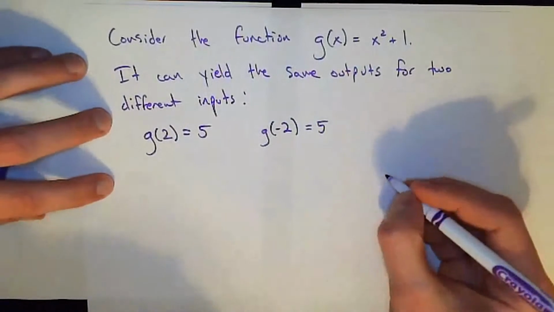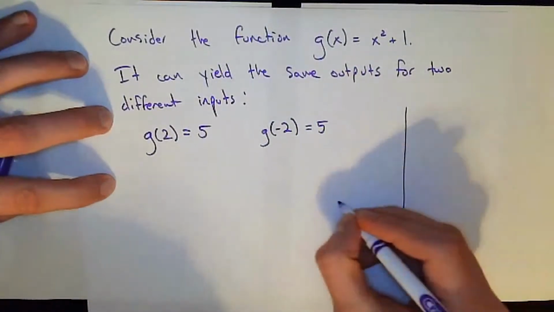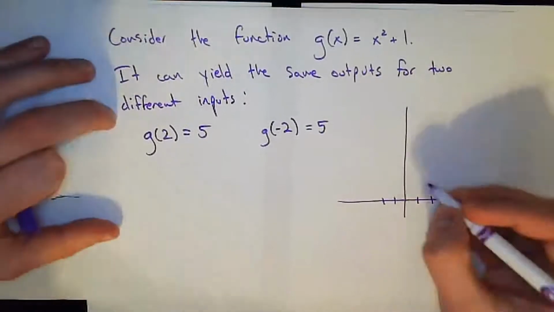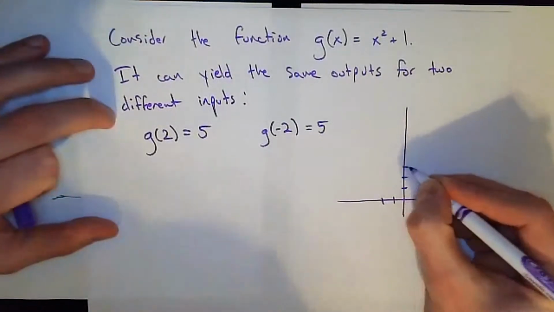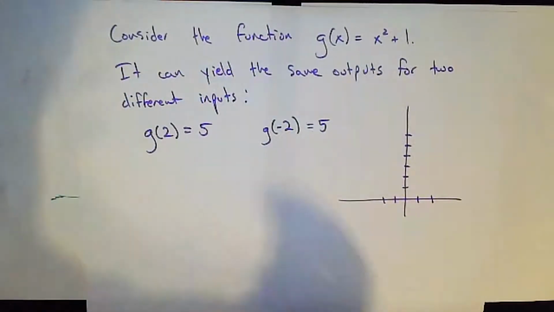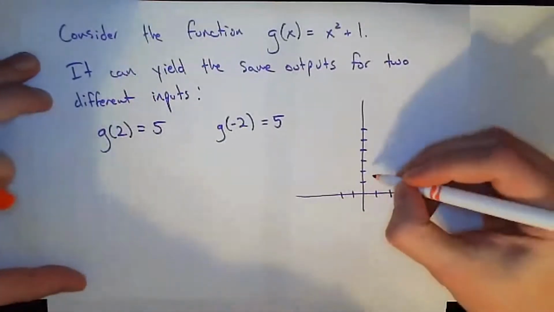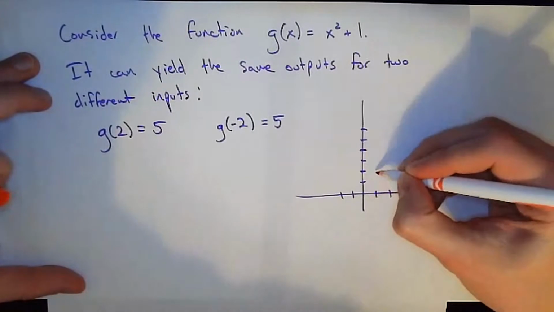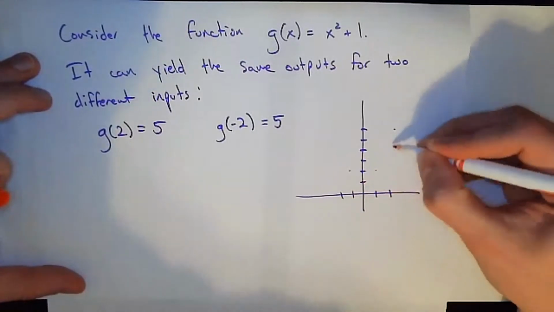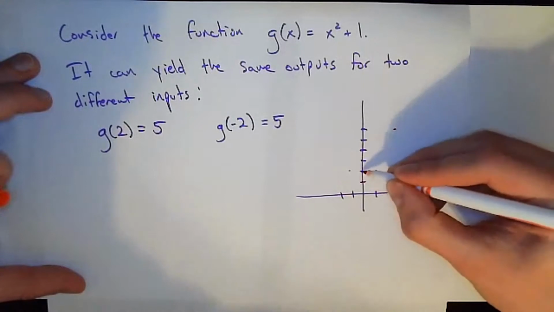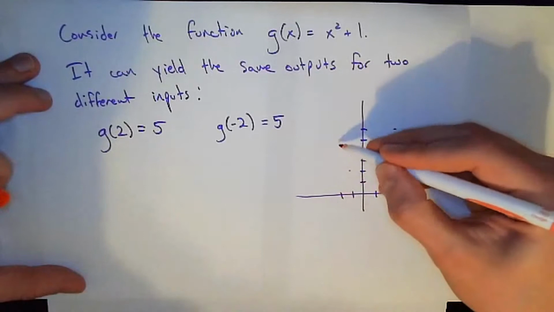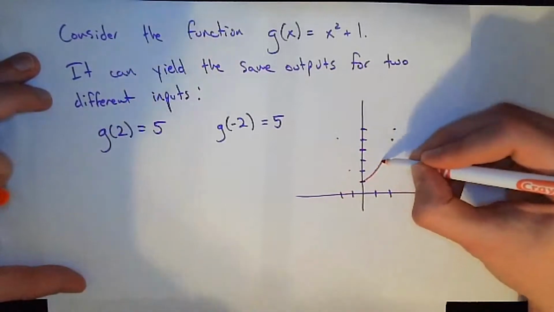How does that look on the graph? 2 different inputs, that means 2 different x values. By the way, what does this x squared plus 1 graph look like? It's a parabola that's been shifted up by 1, right? Just quickly graph that. 2, 5, so input of 2, output of, whoops, 1, 2, 3, 4, there's 5. 2, 5, and -2, 5.